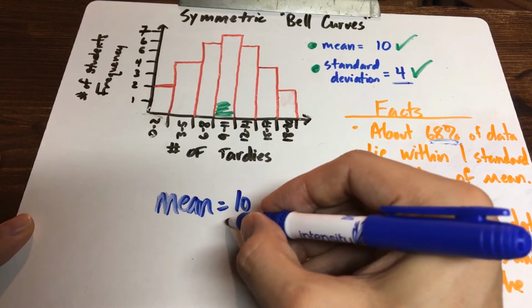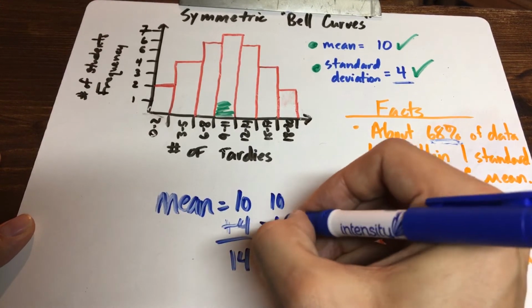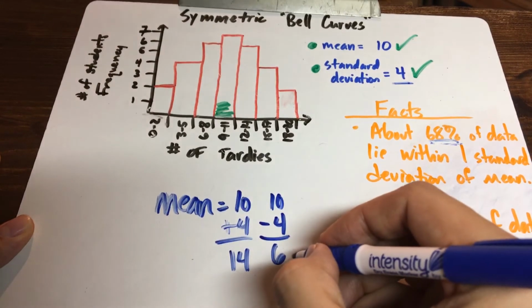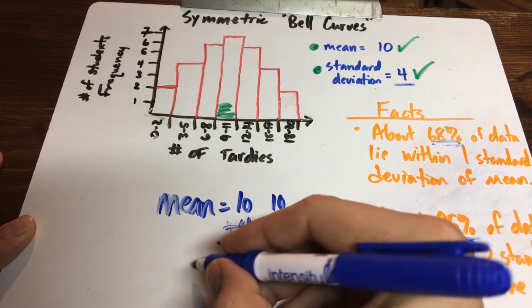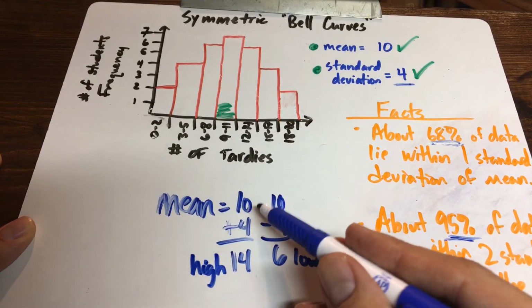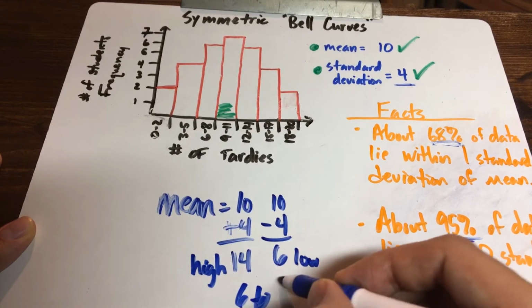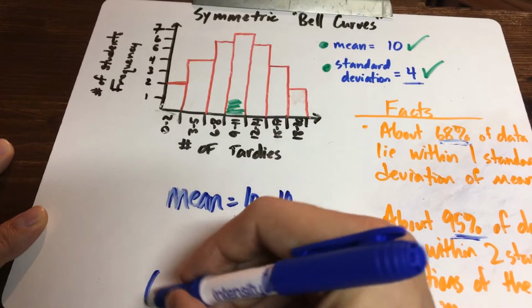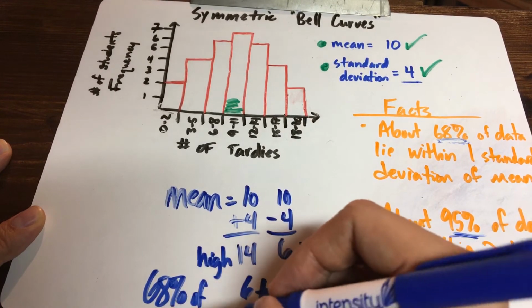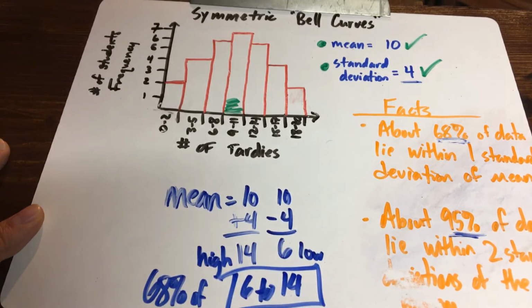So we could say anywhere from 10 plus 4, 14, or all the way down to 10 minus 4, which is 6, right? So this would be like the low, and this would be the high limit here. So if we go 4 above that number or 4 below that number, from 6 to 14, we should have 68% of our students. 68% of our students are in this category from 6 to 14, right?